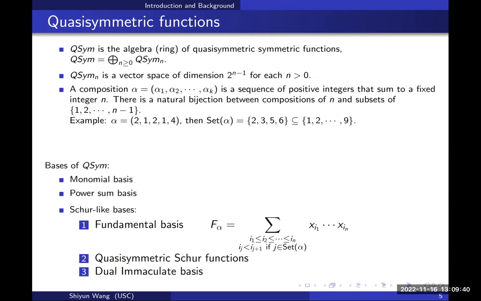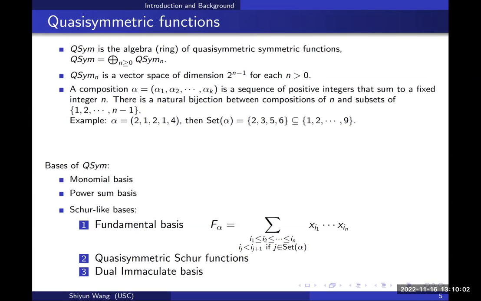The regular ones, like monomial and Poisson bases, are just analogs to the bases in the symmetric functions. But there is also a family of bases that we call Schur-like bases. For example, we have the fundamental basis, where F of alpha is indexed by all the compositions of n.